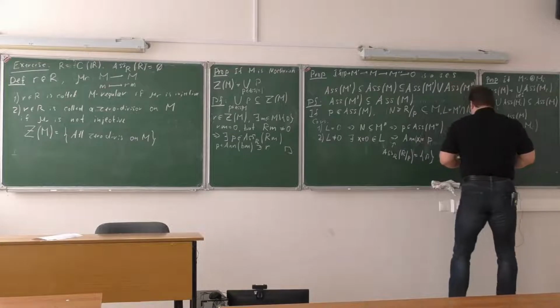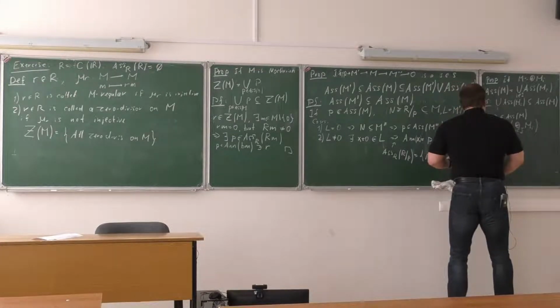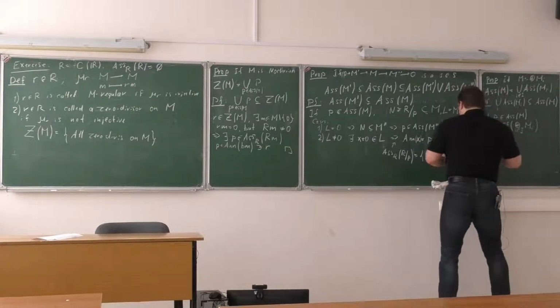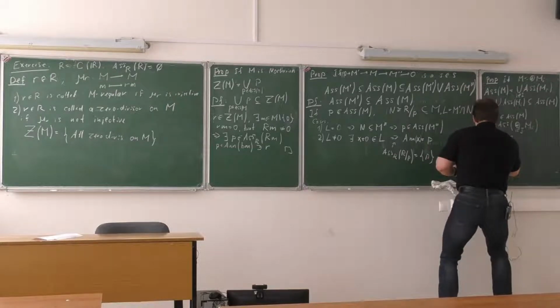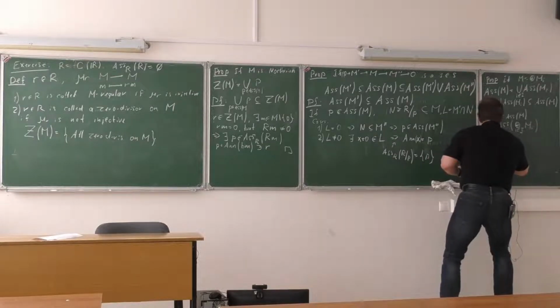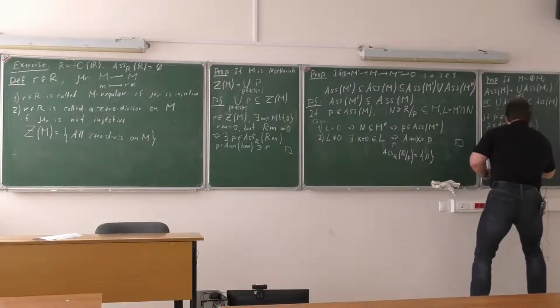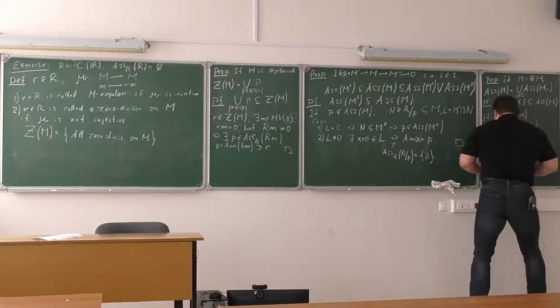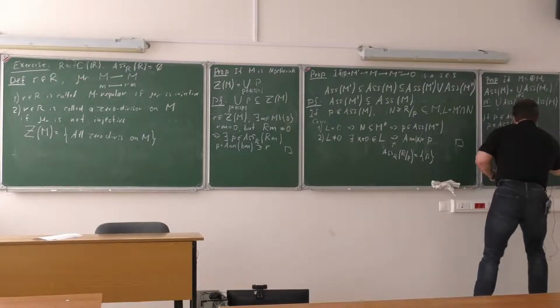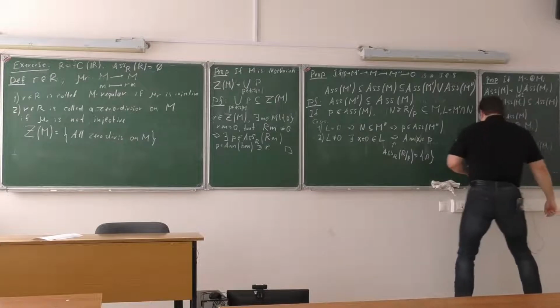Okay, so since this is a finite set, I can immediately conclude by the proposition that we just proved, and by induction, that the set of the associated primes for this finite sum is a subset of the union over the same set J of the associated primes of Mi's.